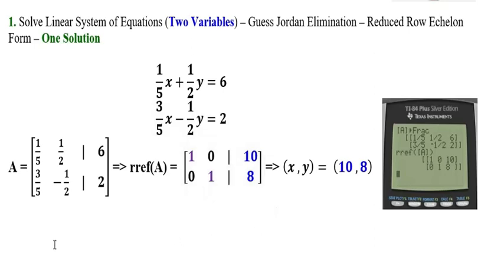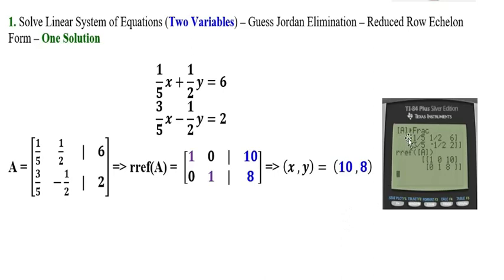We'll create a matrix called A. For x we have 1 over 5 and 3 over 5. For y we have 1 over 2 and minus 1 over 2, augmented with 6, 2. And when we do RREF A, we'll get 1, 1 in the diagonal, 0 above the diagonal, 0 below the diagonal, augmented with 10, 8. That means x equals 10, y equals 8.